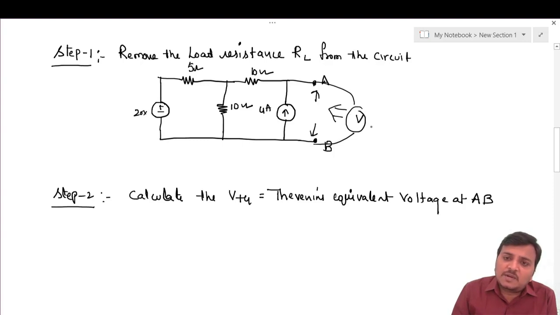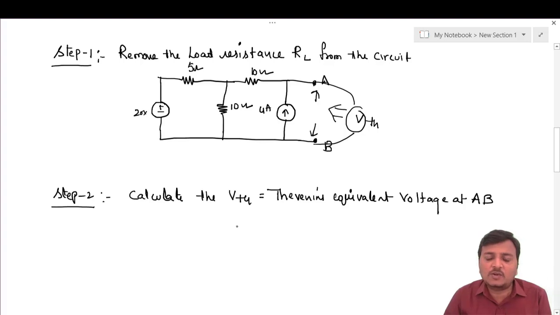That voltage is nothing but VTH, the open circuit voltage. By measuring the voltage at terminals A and B with a simple voltmeter, whatever voltage you get is called Thevenin's equivalent voltage at terminals A and B.